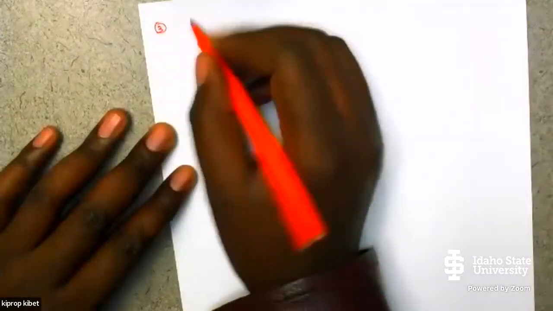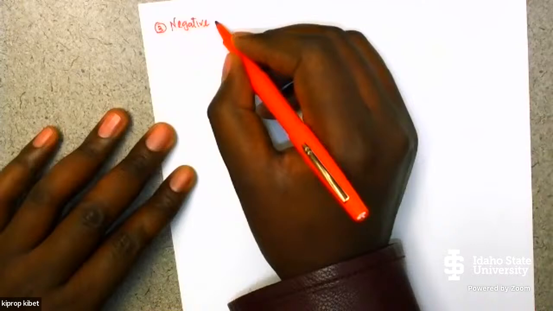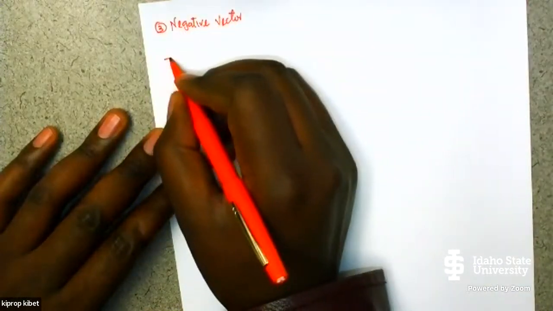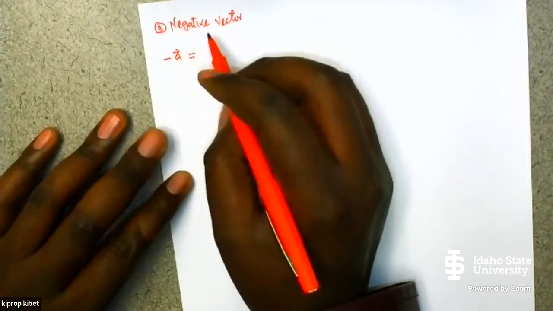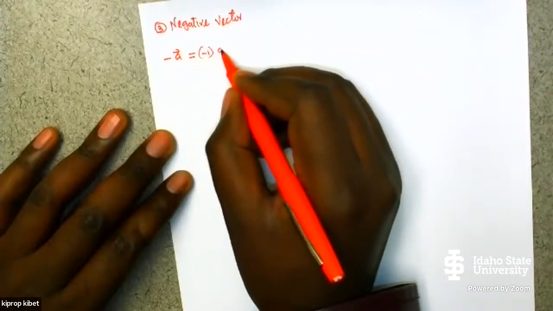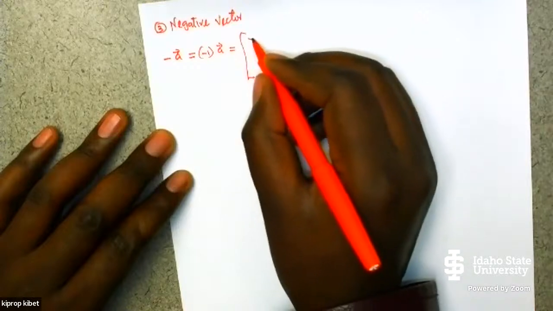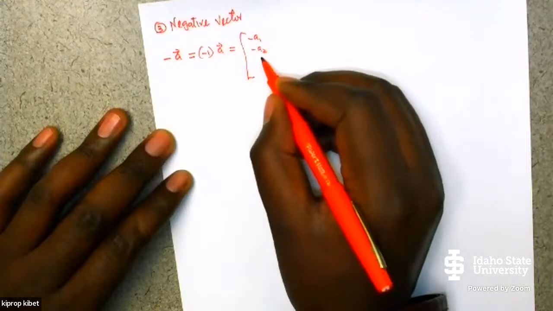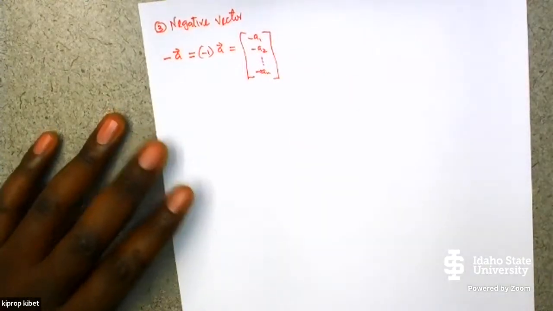Okay, now number 3, if we negate a vector, then the negative of the vector A is the same as -1 times A, which is equal to (negative A1, negative A2, all the way to negative AN). Then number 4, vector subtraction.